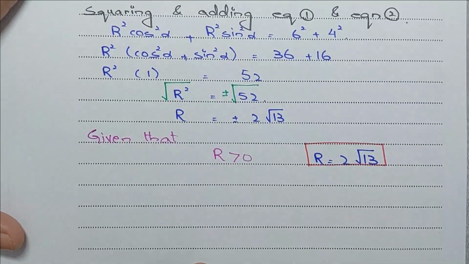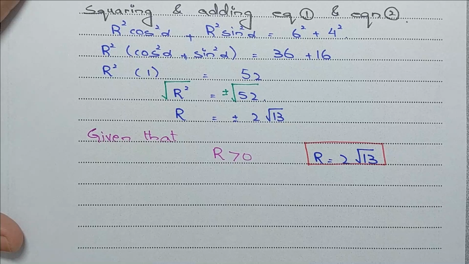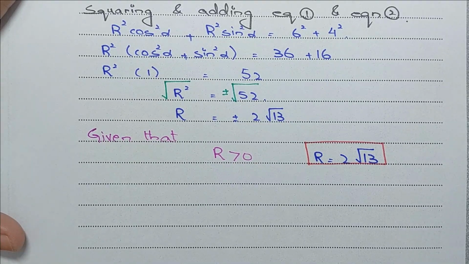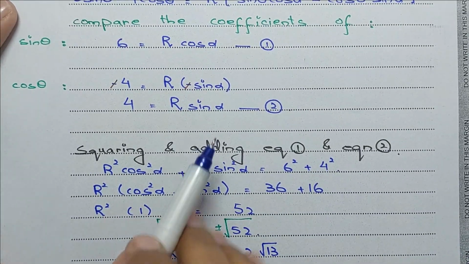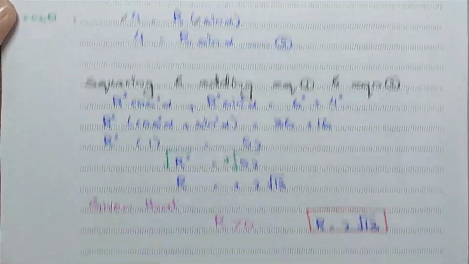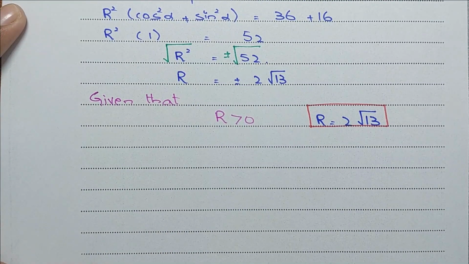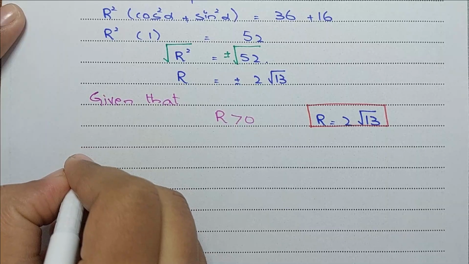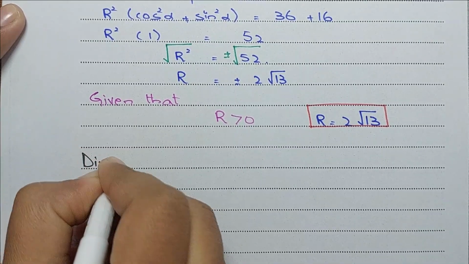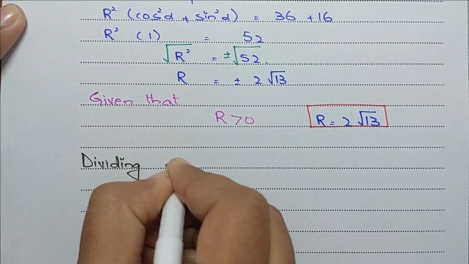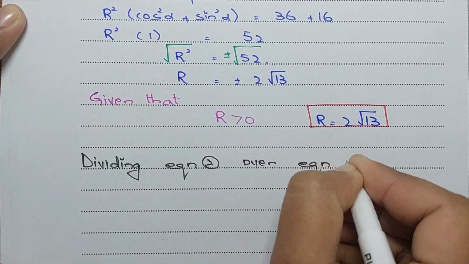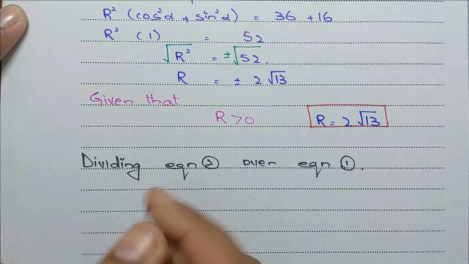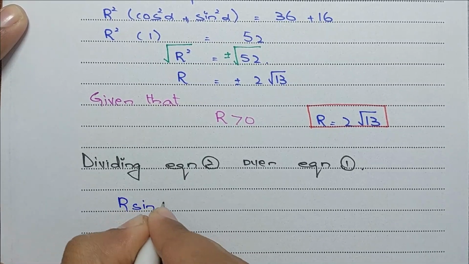Now we need to figure out the value of alpha, which is in between 0 degree to 90 degree. It is in degrees, right? Not in radians. And up to 2 decimal place. Okay. Now use the two equations again. Equation 1 and 2. If you divide equation 2 over equation 1. Equation 2 is r sine alpha.